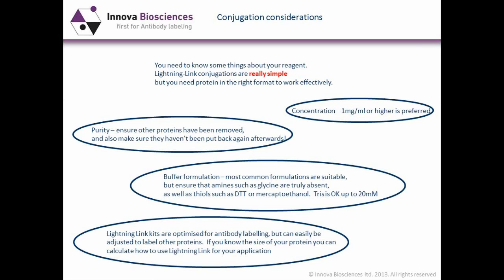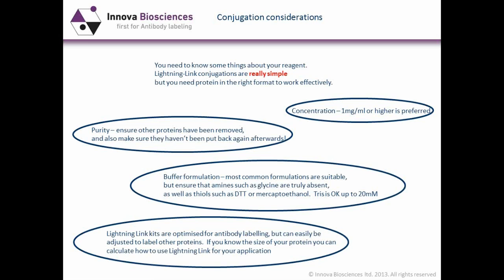Lightning-Link conjugations themselves, as I mentioned, are very simple indeed, but it's best to have the protein in the right format for the conjugation to work effectively. The format really needs to be a concentration of around about 1 milligram per mil, or preferably a little bit higher. You also need to make sure that your protein is pure.